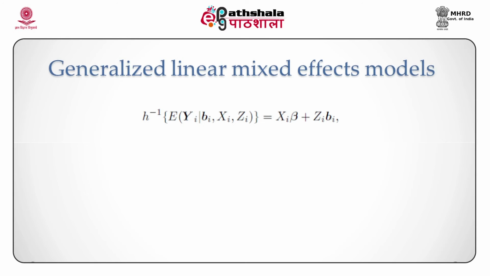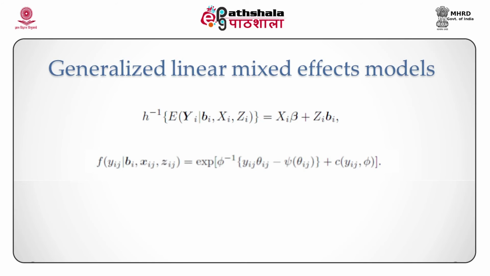We assume in general that y_i arises from the one parameter exponential family, that is f of y_ij given b_i, x_ij, z_ij is equal to exp of phi inverse times y_ij theta_ij minus psi of theta_ij, plus c of y_ij and phi.